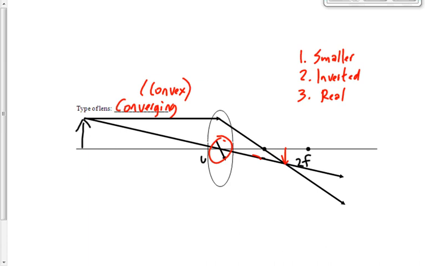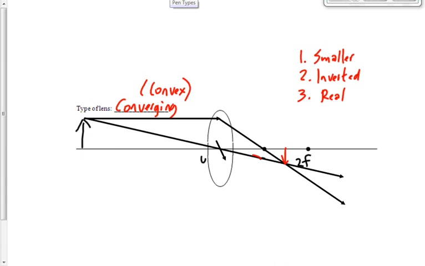Except instead of bouncing back like it did on the mirror, it keeps going straight through. Not really straight through, but on the other side, it's as if it went straight through. If we covered up what happened inside the lens, then that would be perfectly correct. When we show what's happening inside, it's a bit of an approximation, but it doesn't matter because really all we care about is the result, and the result is the same.